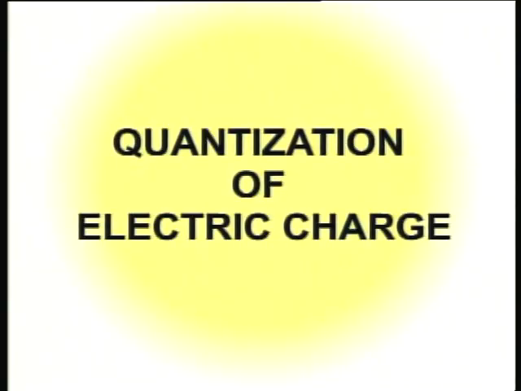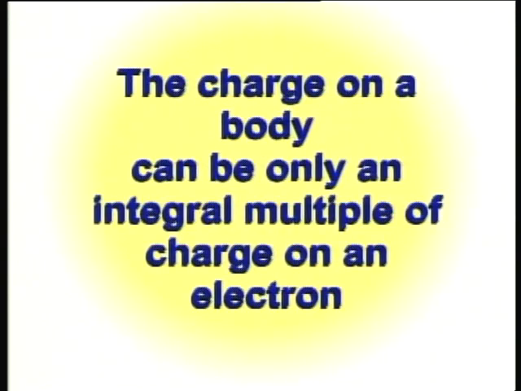Now to recap, we have learned there are two types of charges, positive and negative. We have also learned about the quantization of electric charge. The charge on a body can be only an integral multiple of charge on an electron.